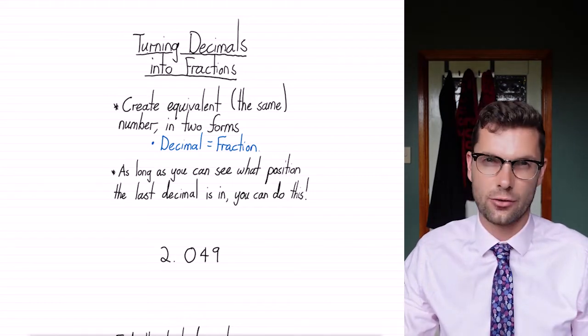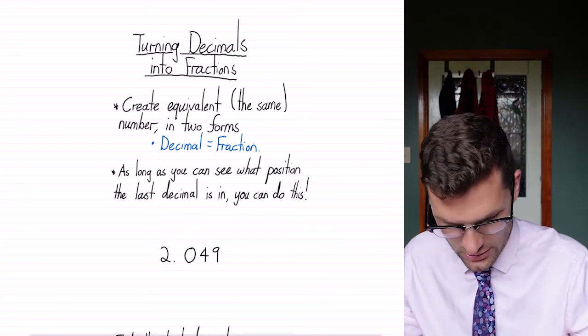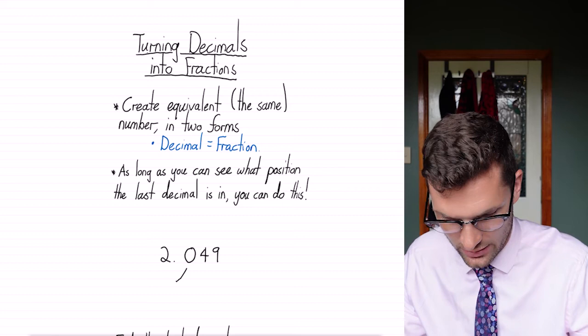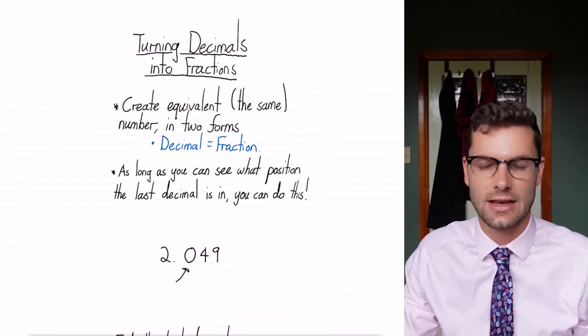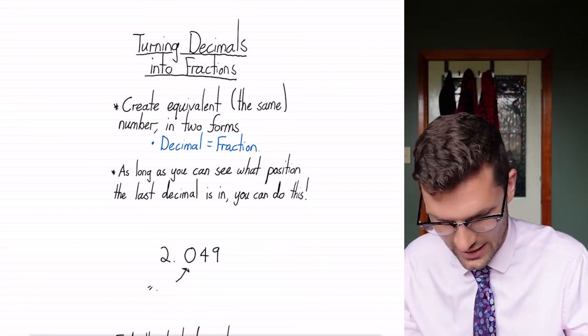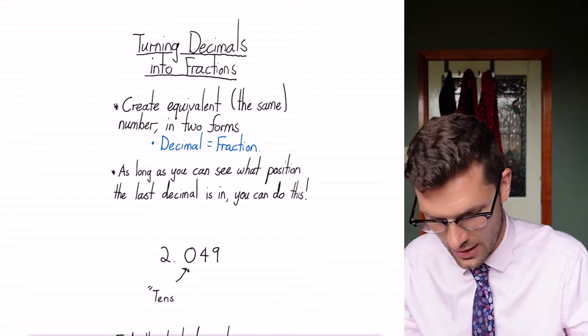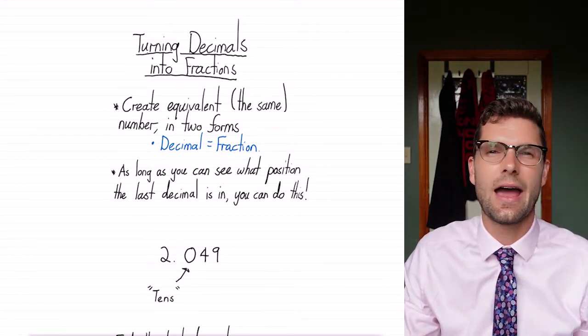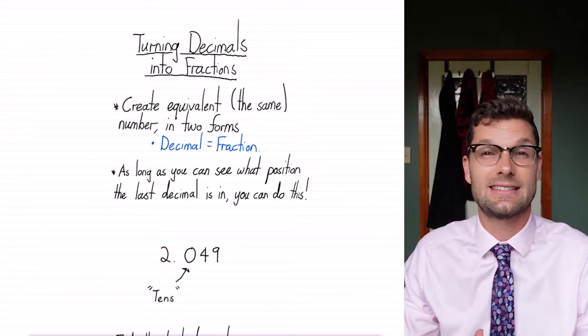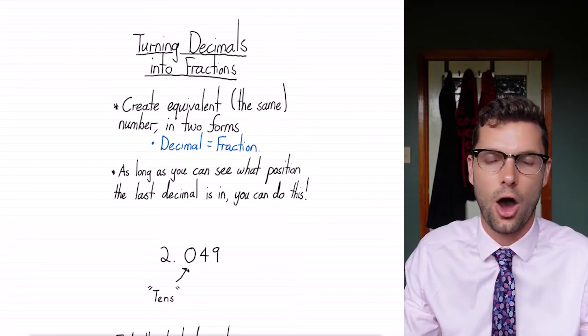So we're just going to have a look through just to make sure we're on top of it. So this first number that comes directly after the decimal point, we call the tenths, or the 10th position. And this is because it takes 10 of these ones to make one whole.